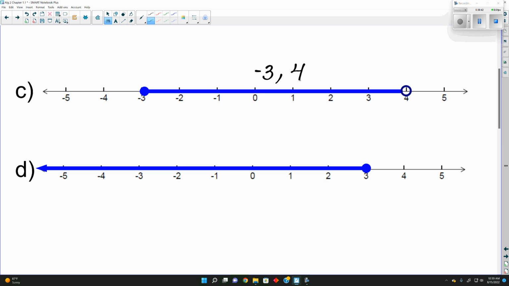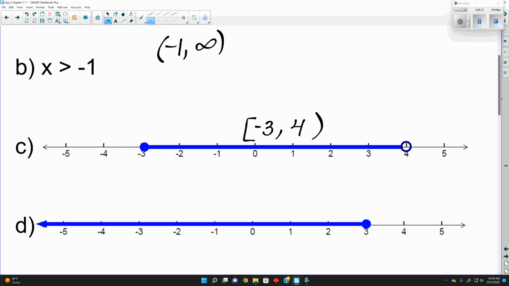The smaller number always goes on the left, the bigger number goes on the right. Now, if we look at -3, is it included or not? Yes, because it's filled in, so this would be a bracket, because we use brackets when it's included, we use parentheses when it's not. Now, is 4 included? No. So it would be a parenthesis, and that's it.